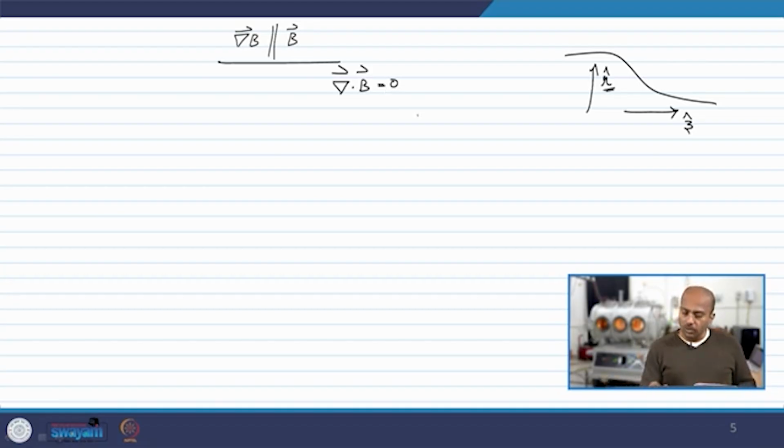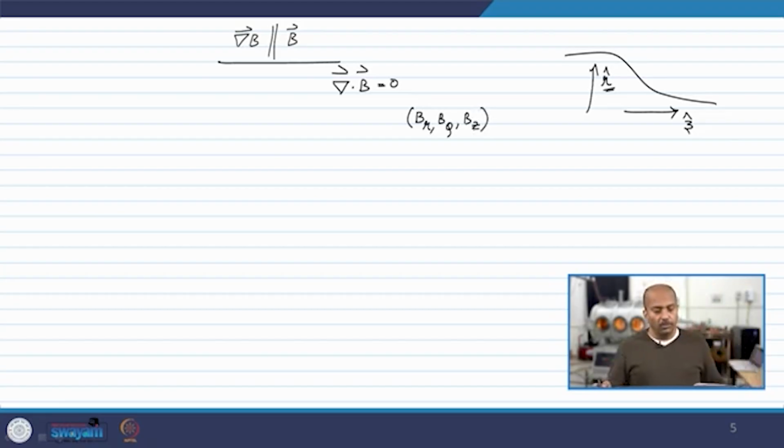Now, in this geometry, we have Br, we have B phi, and we have Bz. Of course, the B phi component is outright 0, we do not see anything here. Bz is, of course, non-zero, as we started with a non-zero Bz component. Now, Br seems to be hidden in plain sight, but whether Br is 0 or not has to be explained by this simple equation.